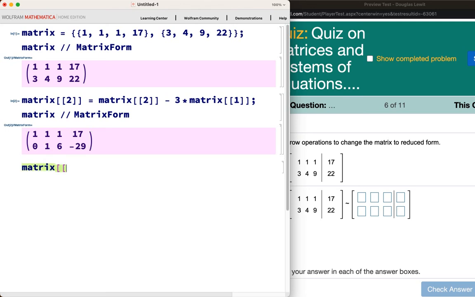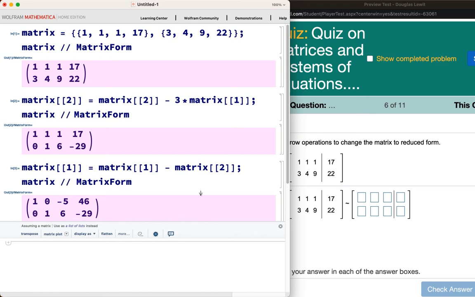So I'm going to change the first row, because this value has to become a 0. So how am I going to do that? You're manipulating the entire first row: the first row minus the second row, and let's see what it looks like.